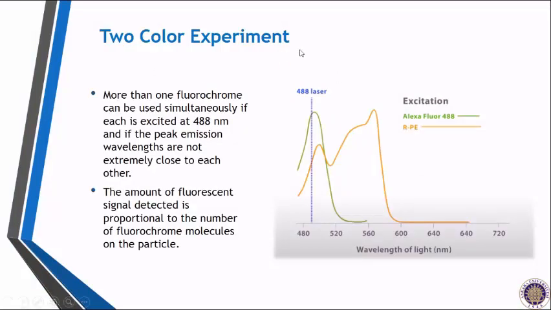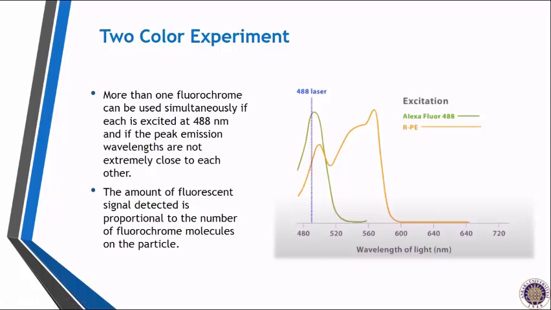Two-color experiment. More than one fluorochrome can be used simultaneously if each is excited at 488 nanometers and if the peak emission wavelengths are not extremely close to each other. We need to look at the spectra of the two fluorophores to see if they are compatible.